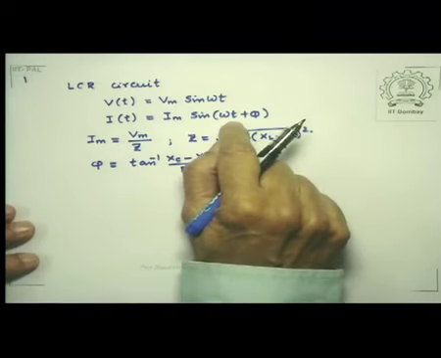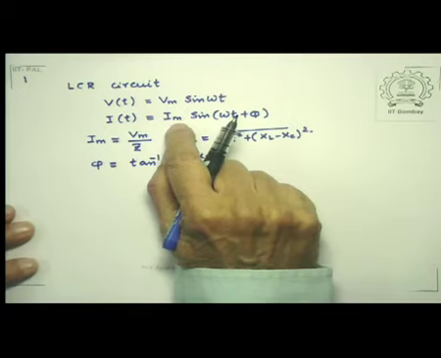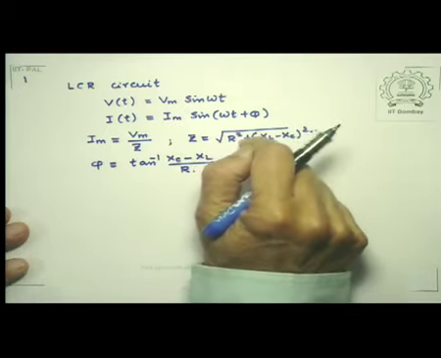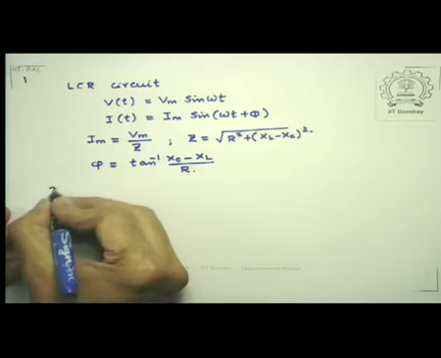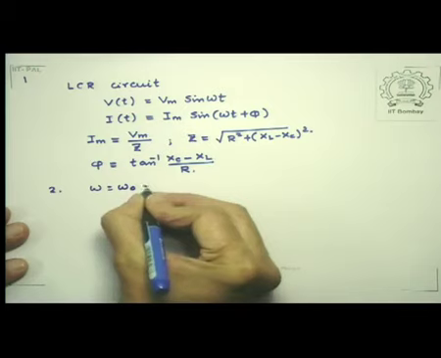Then what we did is this, to say that supposing I am allowed to vary this frequency, then the amplitude Im itself will attain a maximum as a function of frequency when the frequency is given by omega equal to omega 0 equal to 1 over square root of LC.